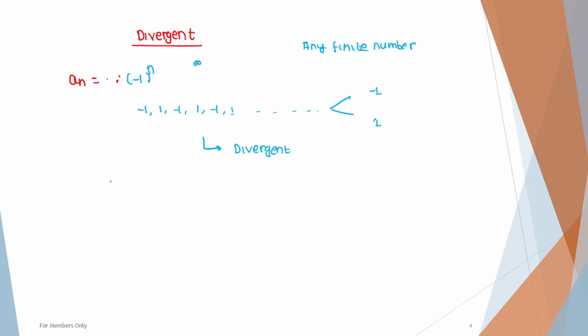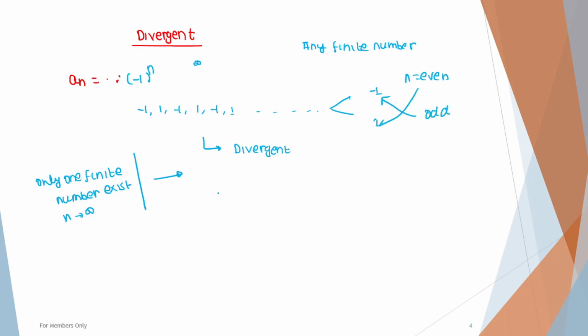In a convergent sequence, only one finite number exists when n tends to infinity. In all other cases it will be divergent. Here, when n is even it is positive, and when n is odd it is -1. Hence (-1) to the power n is a divergent sequence.